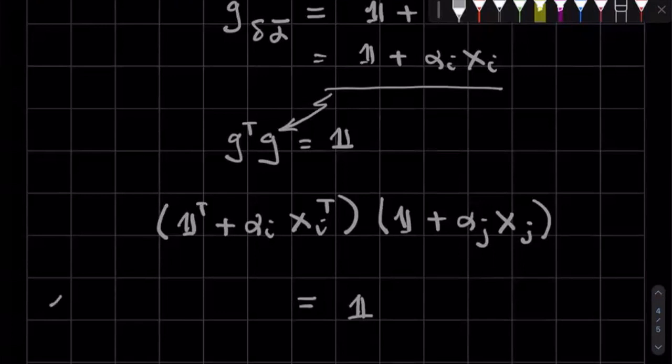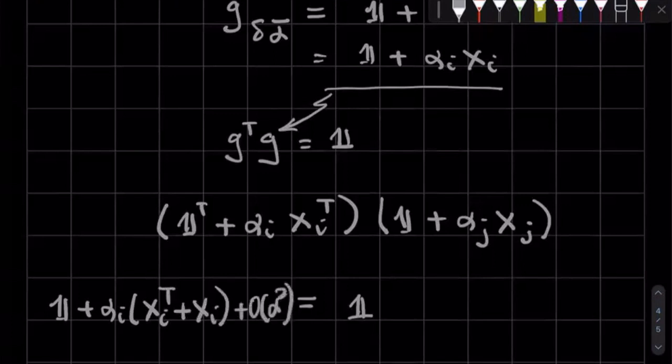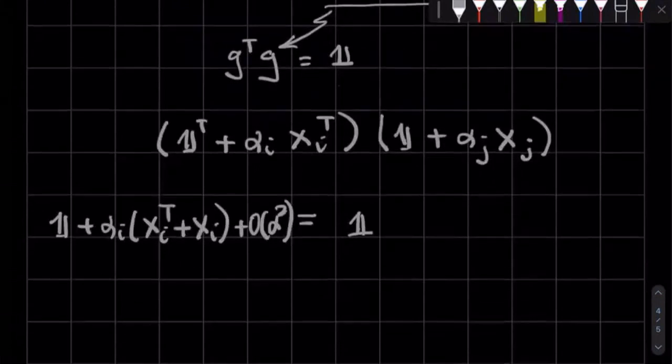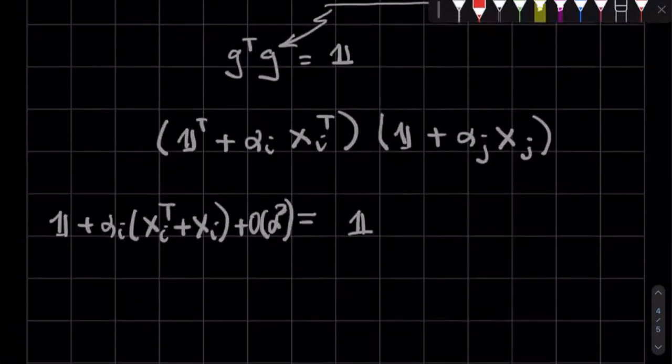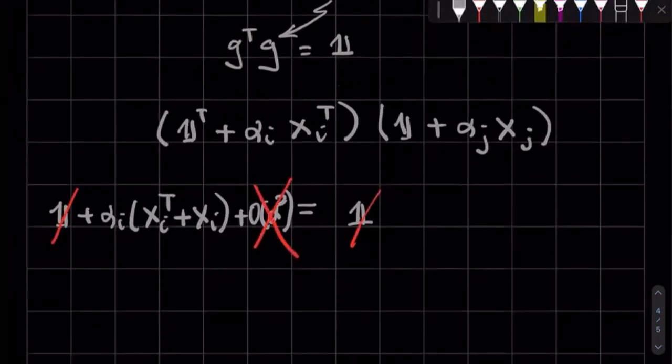Then the left-hand side, I have 1, and then I have alpha_i, x_i transpose plus x_i, and then order alpha squared terms, which we are going to ignore. So then this cancels out. This we don't need. And the alpha_i's are arbitrary.